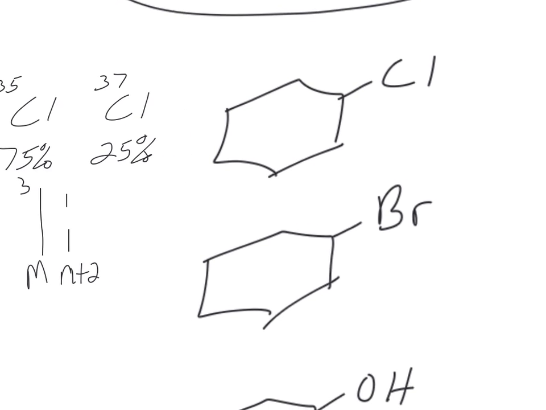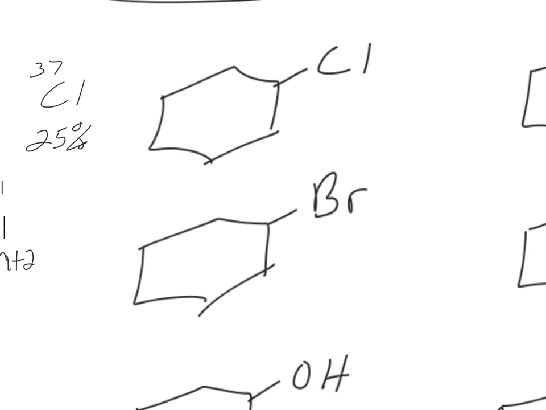Also, let's look at bromine. What makes bromine unique? Bromine, same deal, except it's not quite the same deal. Bromine 79 and bromine 81 exist, but they don't exist in a 75-25 or 3-to-1 ratio. They exist in a 50-50 ratio.